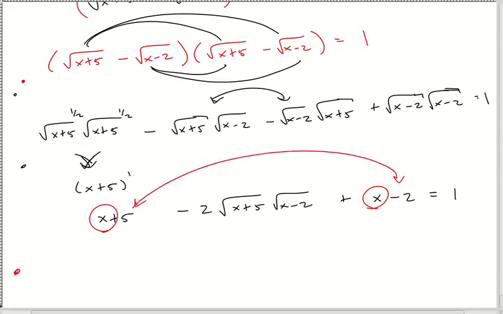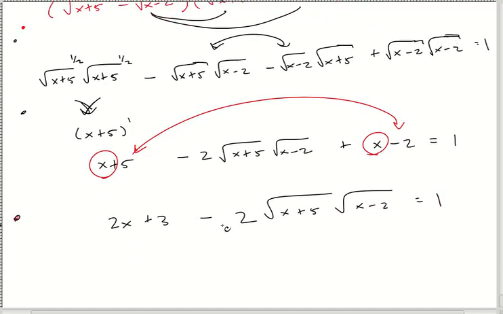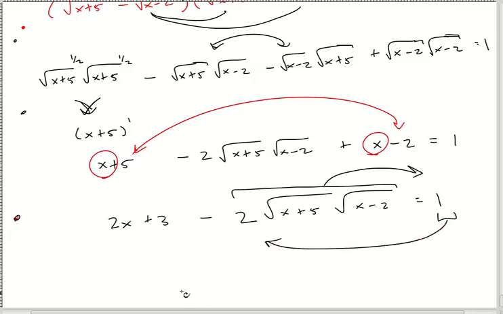So combine like terms. I got actually 2 x's, and then I got 3 times my big old square root thing, and then it equals 1.